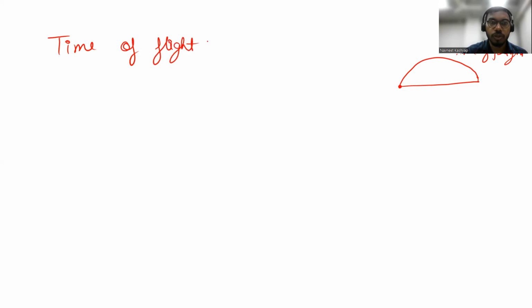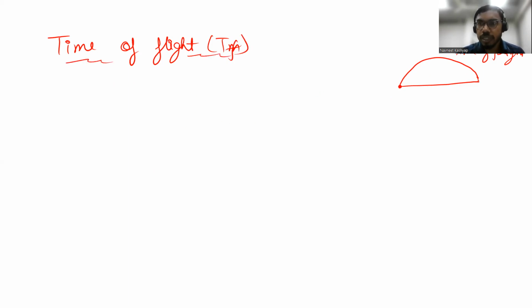Next, let's find the total time taken. This was only to reach the maximum height. What will be the total time, which is called the time of flight, as it shows for how much time the projectile was in flight before reaching the original plane? Now, how can we find this?